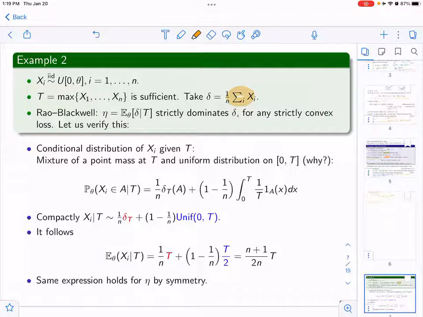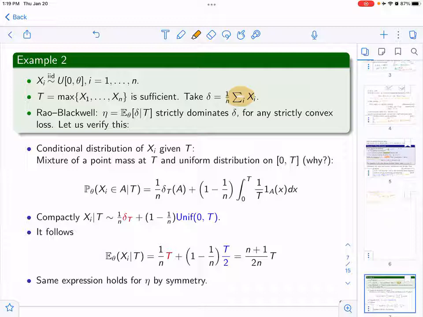So what is it consistent for? Theta over 2. Great. So if we want a good estimator for theta, we could multiply it by 2. That would be a better estimator. But this is not a so good estimator, it has a big bias.